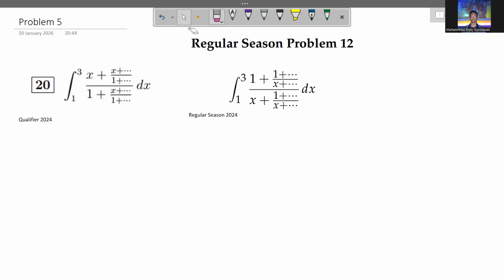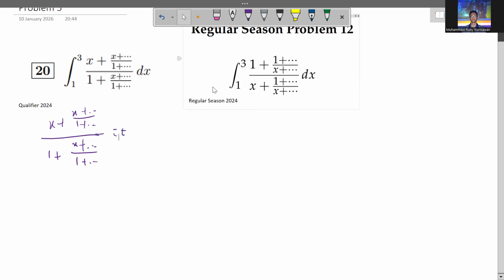For these types of infinitely recurring patterns in the integrand, the usual strategy is to assume the repeating unit to be something. Here we can see that the entire integrand is repeating itself. So we can assume that x plus something over 1 plus something, all over 1 plus x plus something over 1 plus something, is equal to t.